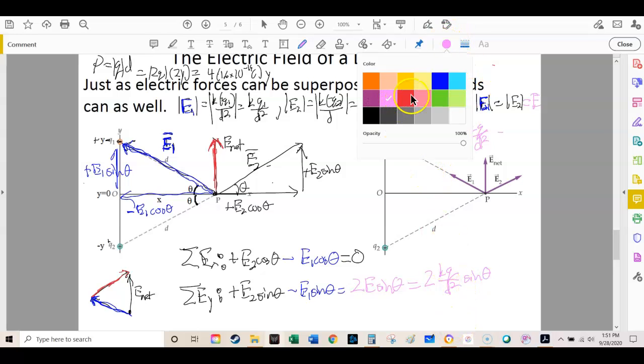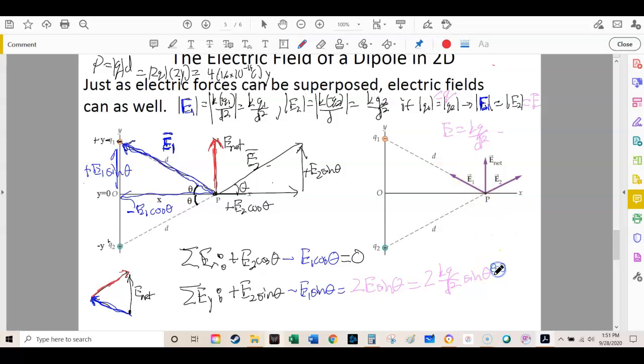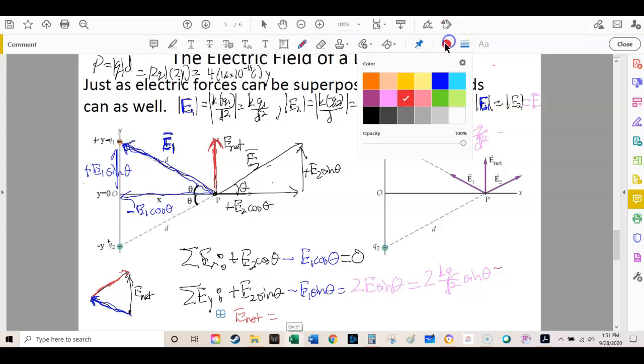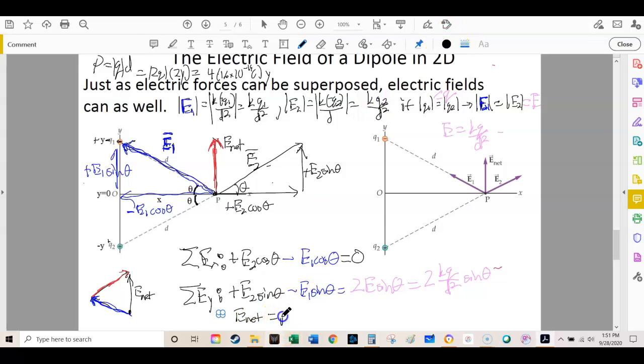And if we try to get the net, E net is going to be equal to the square root of E in the x direction squared plus E in the y direction squared.